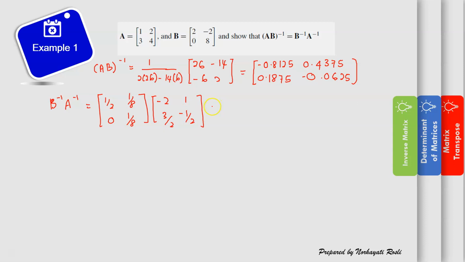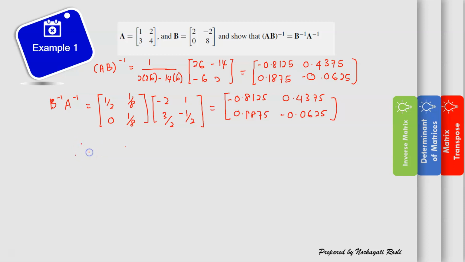When you multiply these two matrices, you get negative 0.8125, 0.4375, 0.1875, and negative 0.0625. When we compare this B inverse A inverse with this solution, we get the same answer.